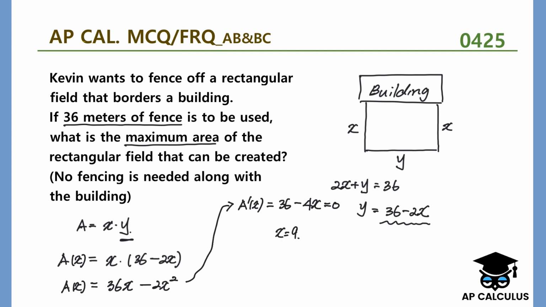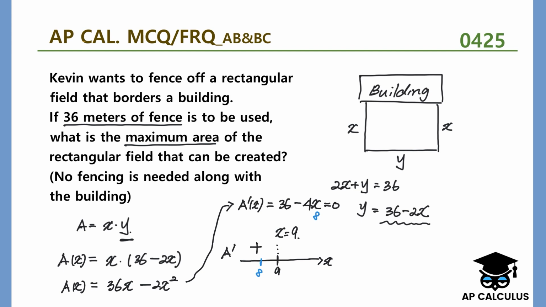That's our critical point. Now perform the first derivative test. Here is 9, and here is A prime. When x is less than 9, let's substitute 8. That's 36 minus 32, so positive here.